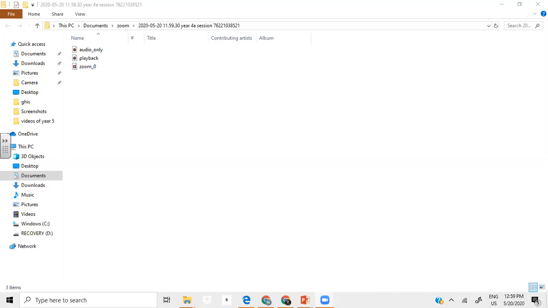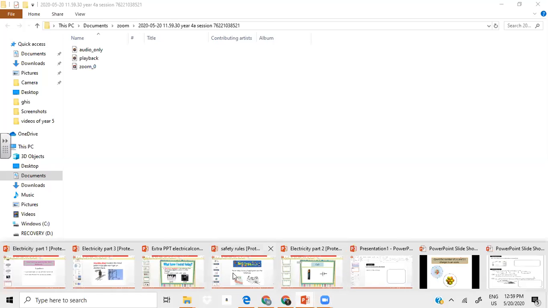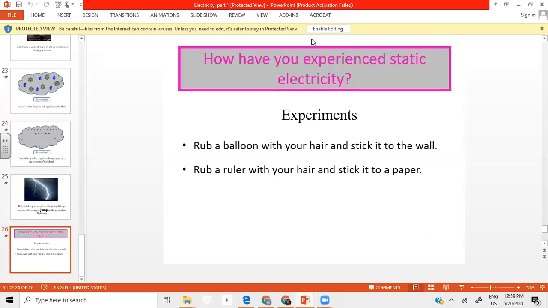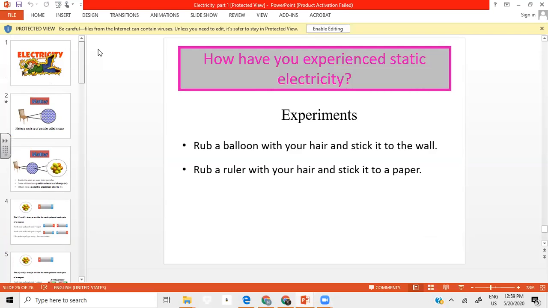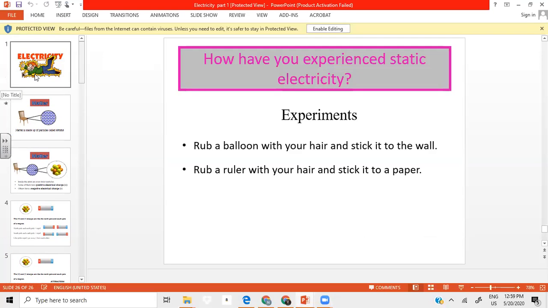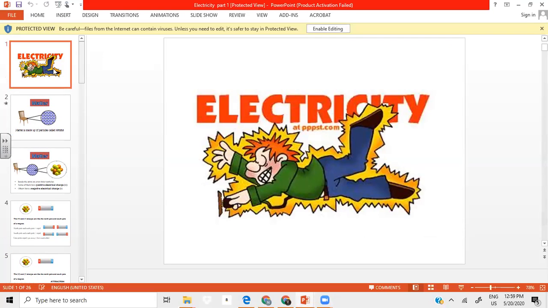Today we are going to start by revising the electricity, and we're going to go through the PowerPoints that we were using throughout the second trimester. Can you see the PowerPoint? Yes.